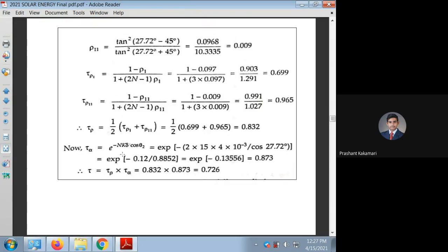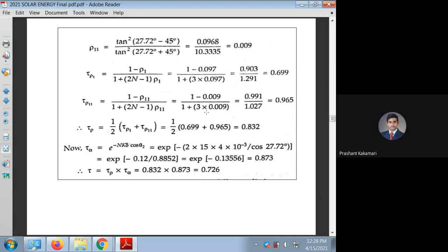Now one can find out tau alpha, which is nothing but the energy transmitted after glass cover absorption. Okay, so that energy, how much is lost, is 0.873. Now if you multiply tau alpha and tau rho, I will get effective transmission of energy.